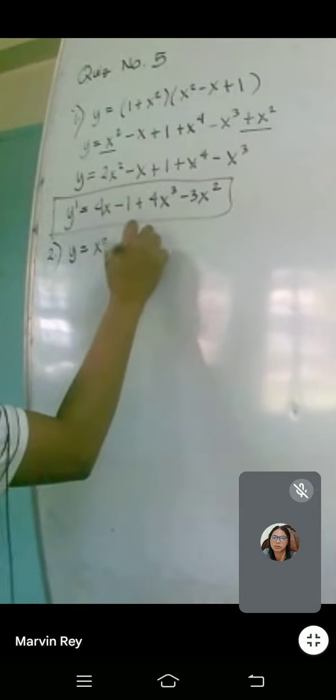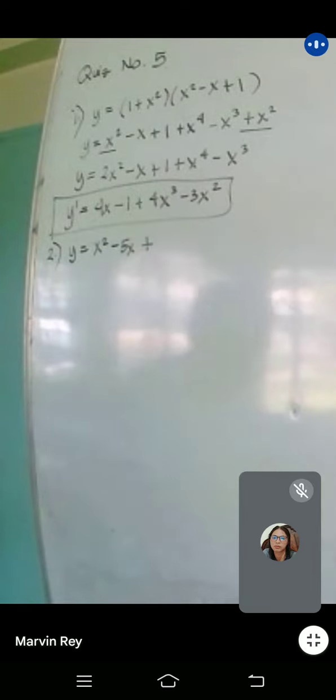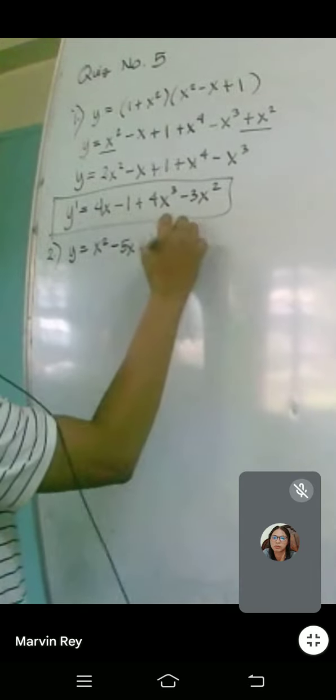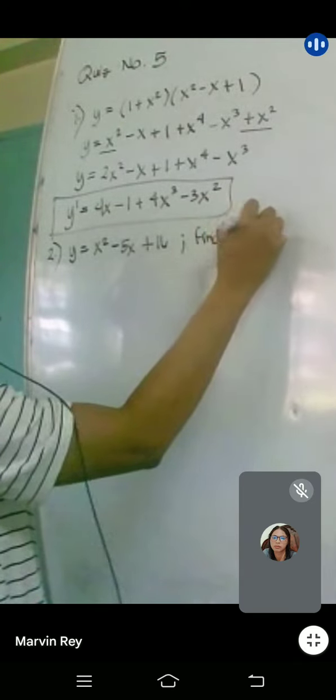Okay, let's proceed with number 2. So number 2 is this: y is equal to x squared minus 5x plus 16. Find f prime of 4.